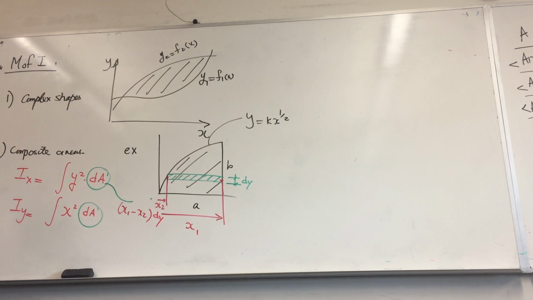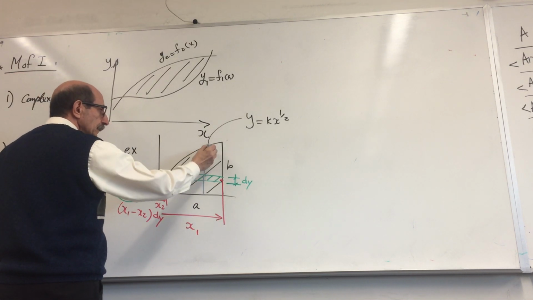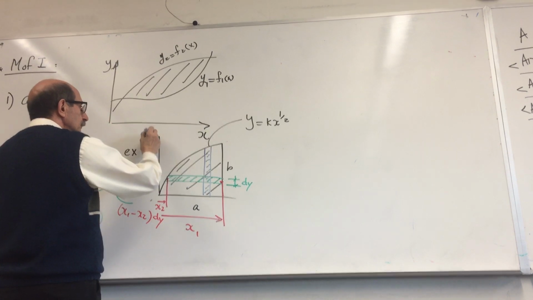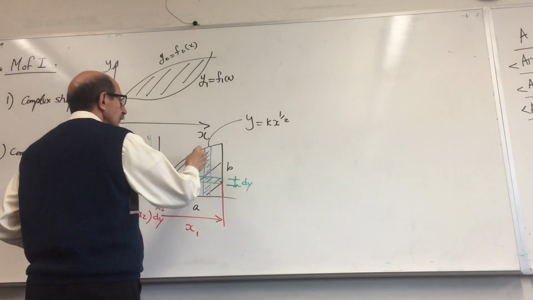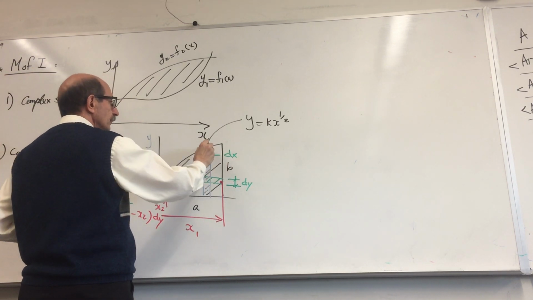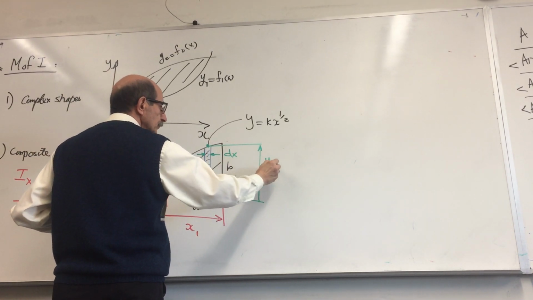For the case of I sub y, you set up dA with sides parallel to the y-axis. So this is going to be dx, and this is y2.